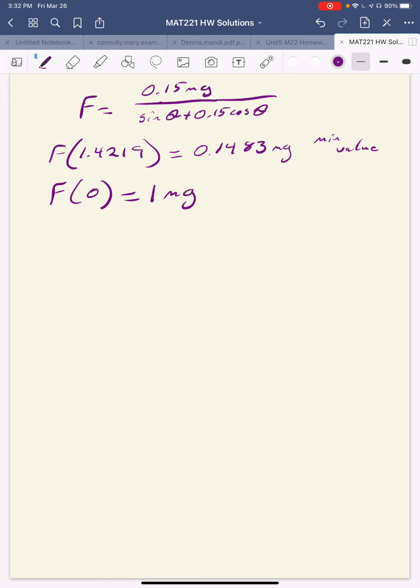Okay. All right, now let's look at f at pi over 2. Again, I'm just going to use what I know about the trig functions. Sine of pi over 2 is 1.